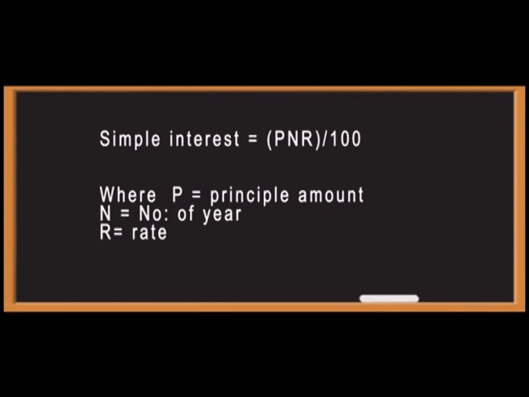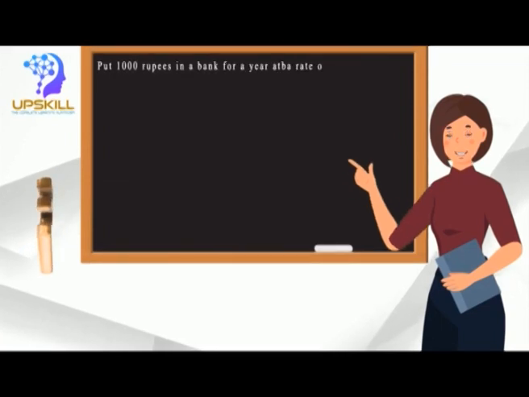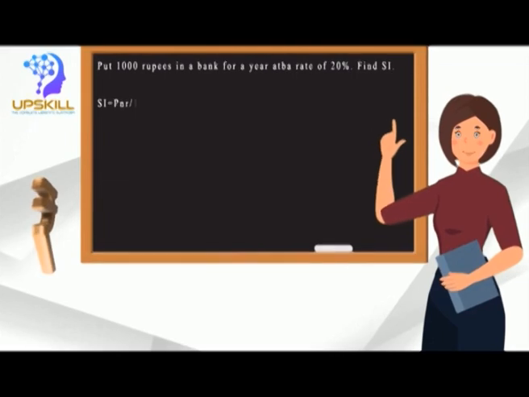Let's say you are putting 100 rupees in a bank and you are going to keep it for 2-3 years. Then the interest will be the same for each and every year at the end of the year. Let's put 1,000 rupees in a bank for a year at a rate of 20%.